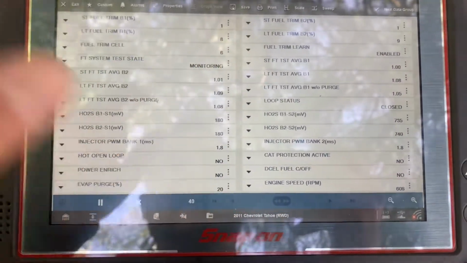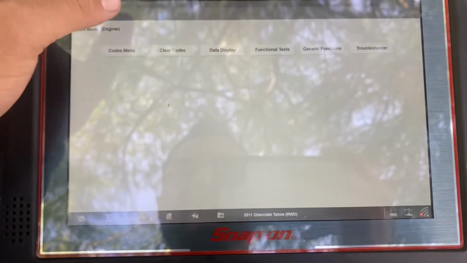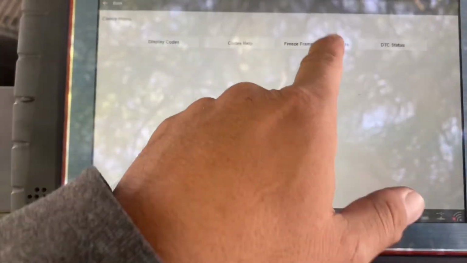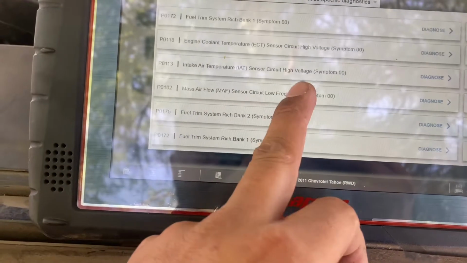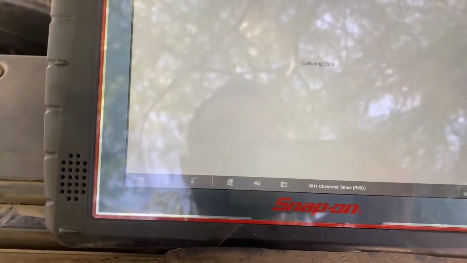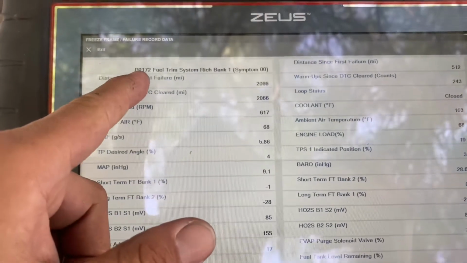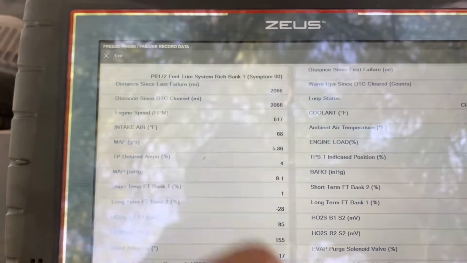and noticed that my, let's see here, go to codes, the freeze frame. I have not deleted the codes. Let's go to fuel trim bank 1. So you got a P0172 fuel trim system rich bank 1.